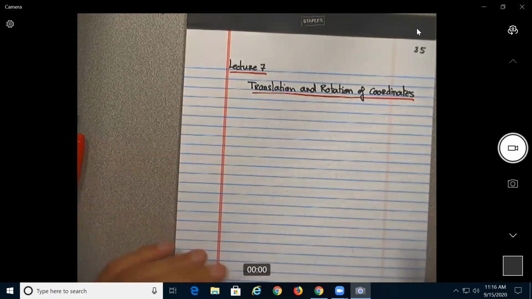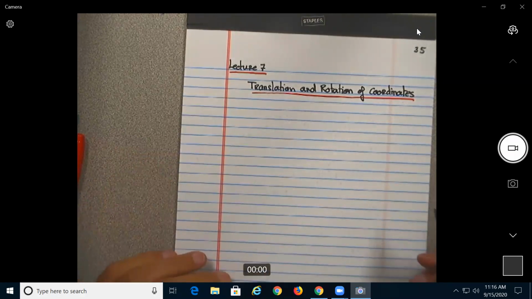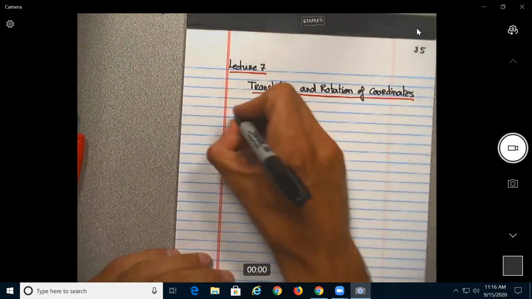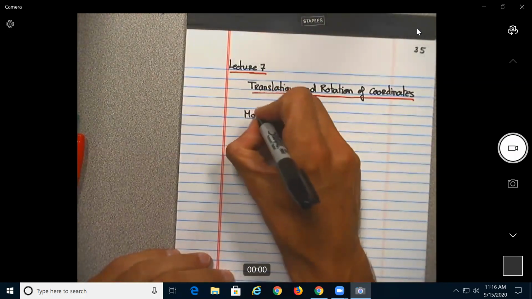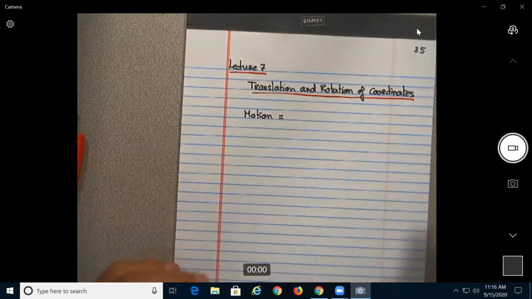I'm going to do the explanation in 2 dimensions, but then we will expand into 3 dimensions. Let's say the general equation for motion from kinematics, you can always break it into 2 parts.